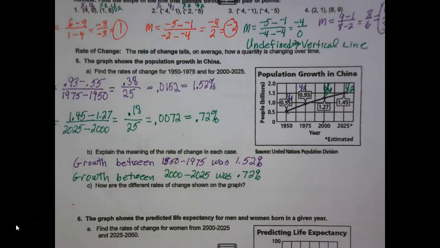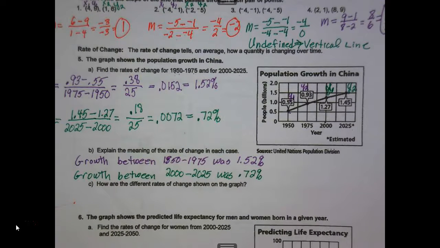Then they ask us, how are the different rates of change shown on the graph?